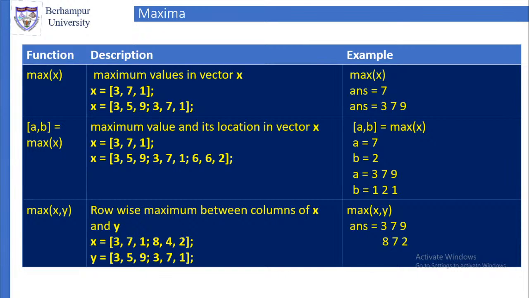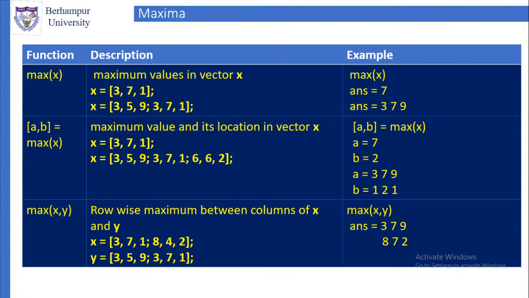But if it is a 2 cross 3 matrix, so 2 rows, 3 columns, for example x is equal to [3, 5, 9; 3, 7, 1], the first row is 3, 5, 9 and the second row is 3, 7, 1. If I write max(x), it will find the maxima of each column. First column contains 3 and 3, maxima is 3.